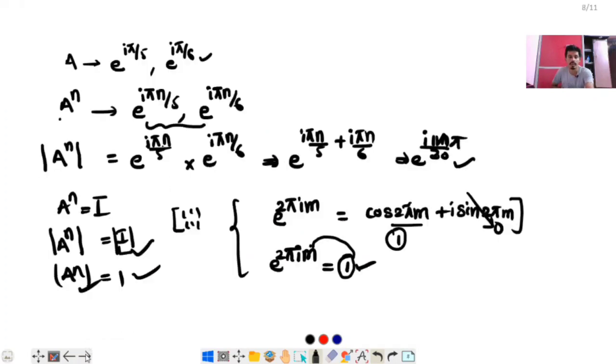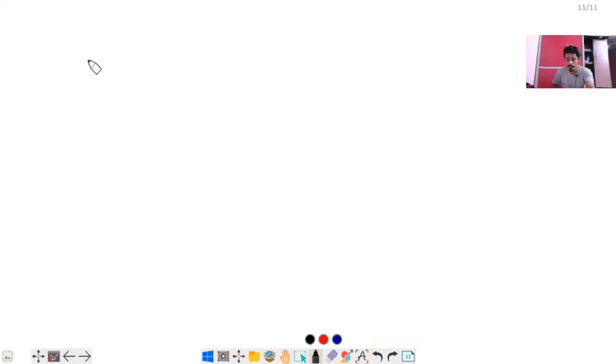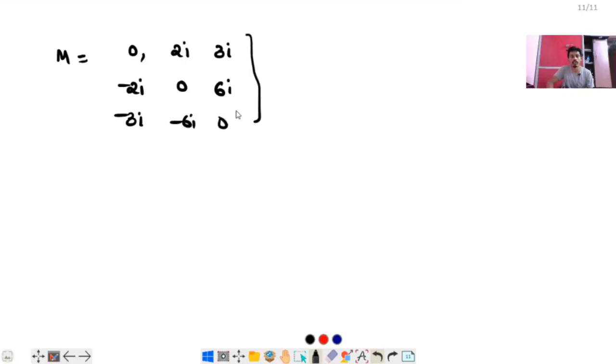Now I will give another problem. Find the eigenvalues of M, which is the matrix 0, 2i, 3i; minus 2i, 0, 6i; minus 3i, minus 6i, 0. This question was given in the CSIR NET examination, June 2014.